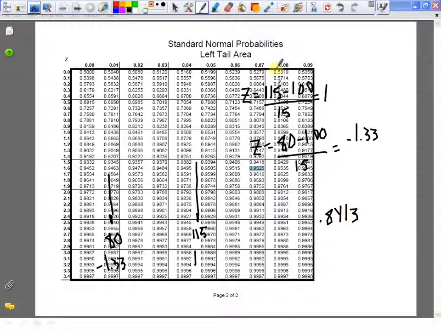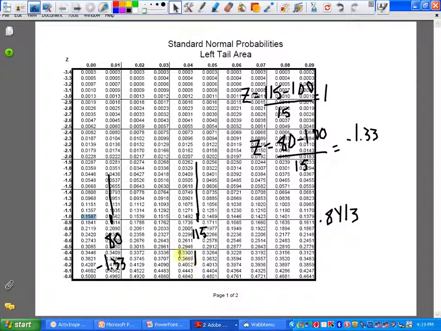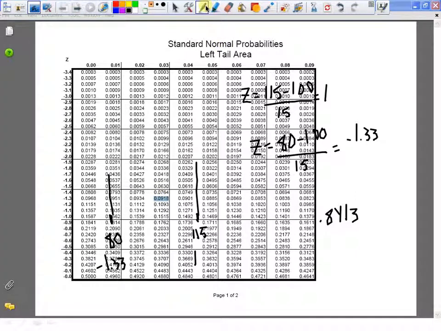And now we need z equals negative 1.33, which is right here. That's the percentage less than IQ score of 80. That gives us 0.0918. So I'll subtract that from our answer.